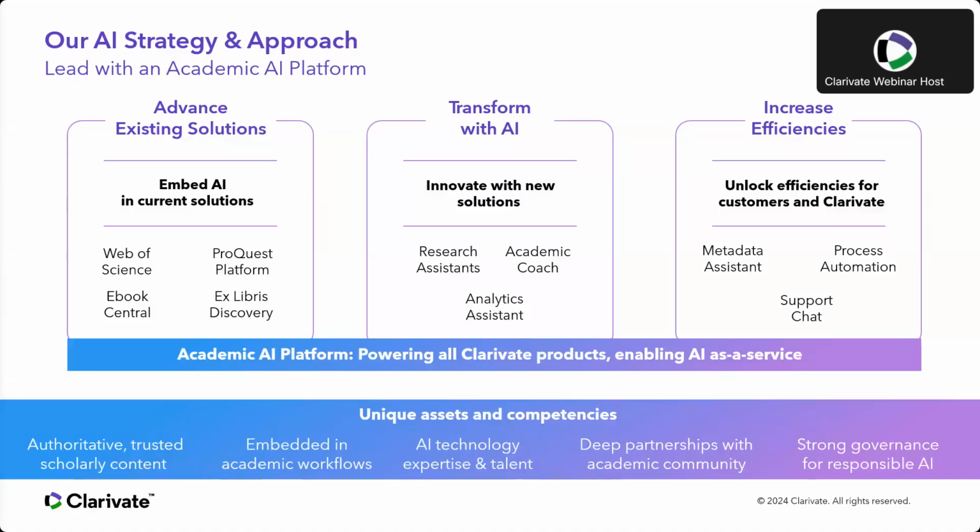So we have typically three categories. The first one is existing solutions like the Web of Science, but also the ProQuest Platform, eBook Central, Ex Libris Discovery. And we want to add AI to these solutions. So we do similar things in the Web of Science to what we used to do in the past, but we want to do it better thanks to artificial intelligence.